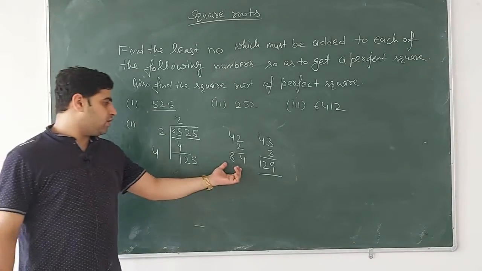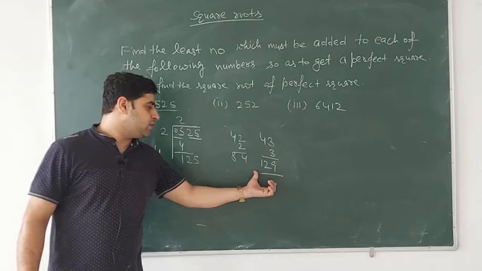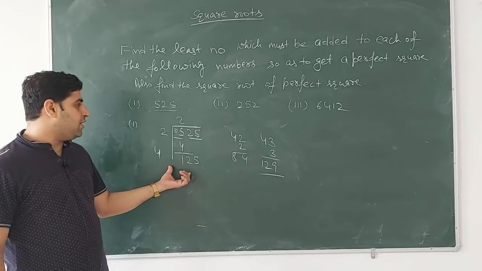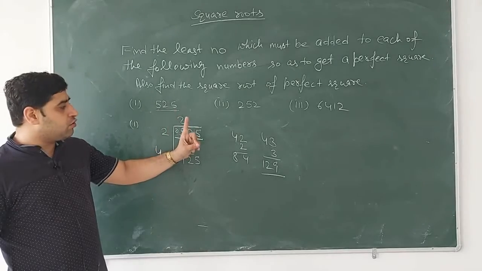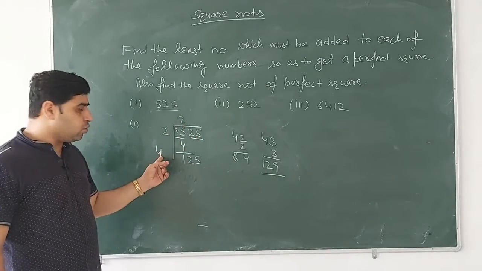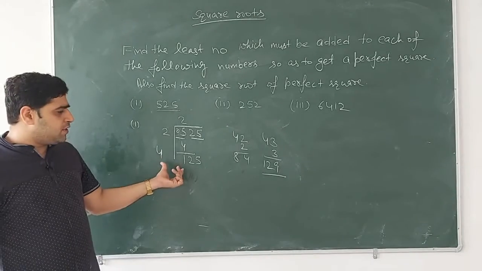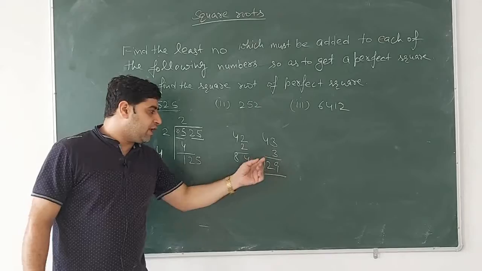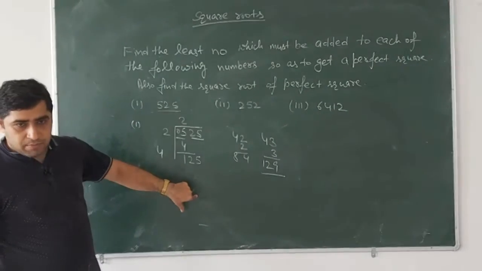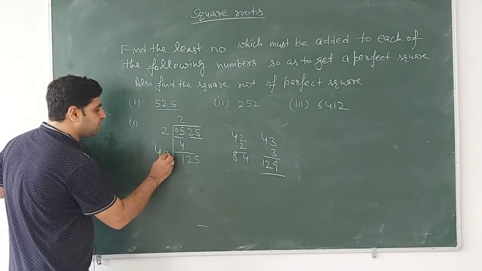So 84 is less than 125, 129 is more than 125. If subtraction is asked, then we can write 2. This time they ask the number to be added, so we write a number more than this. So here we can write 3.